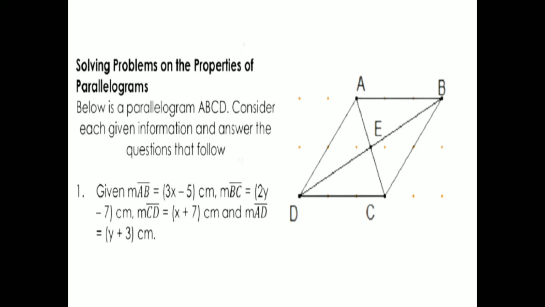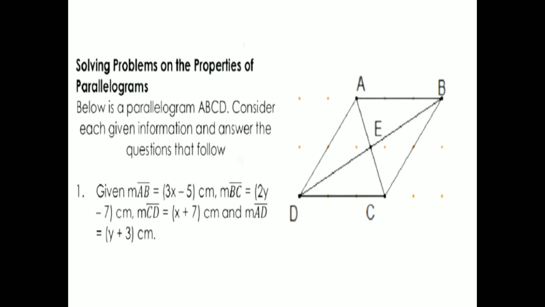So since yung length ng given natin that is DE is 8 centimeters, so the length of diagonal BD is equal to 16. So kasi yung DE kalahati lang. So yung whole niya, so multiply natin into 2. So 16 centimeters yung length ng diagonal.